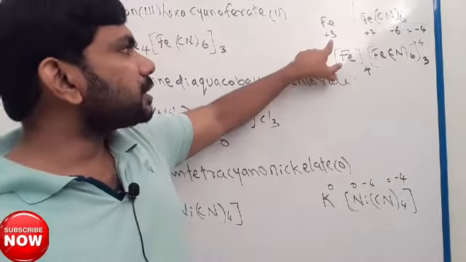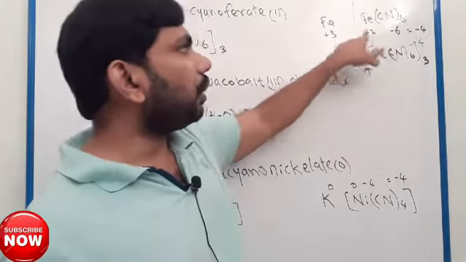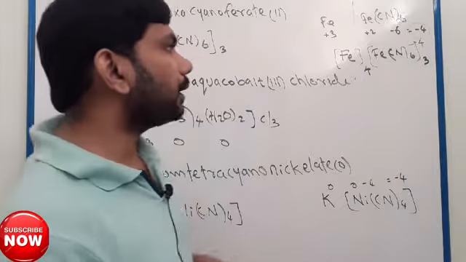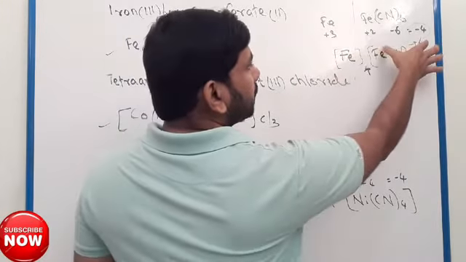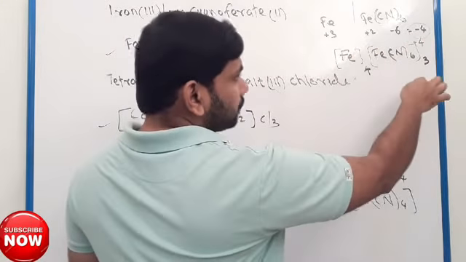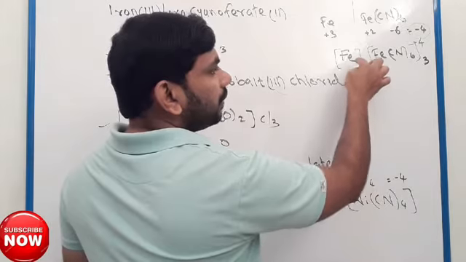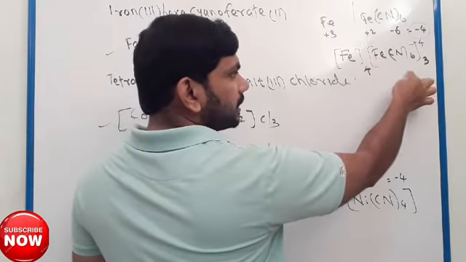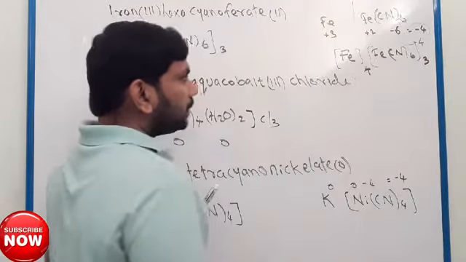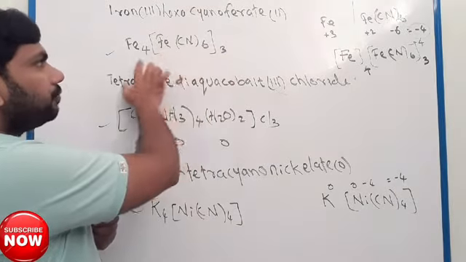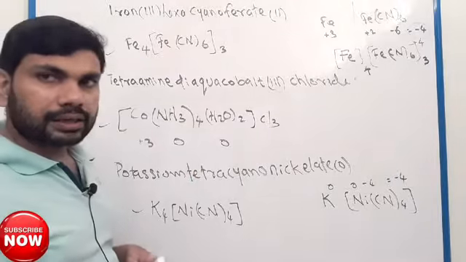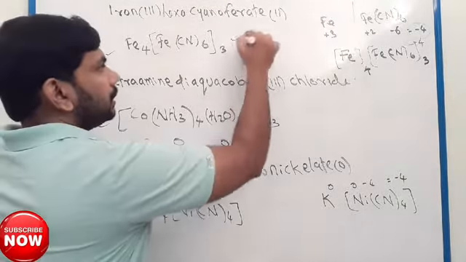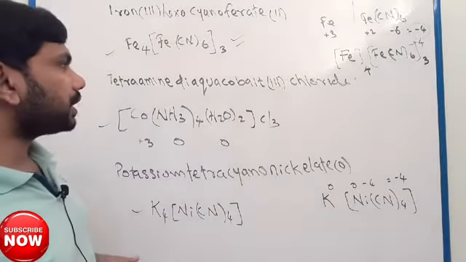So iron is +3, and this part has overall charge -4. Here it is +3, here it will be -4. So after cross multiplication, it will be Fe4[Fe(CN)6]3. That's why the formula is like this. Clear? So this is the formula of the first coordination compound.